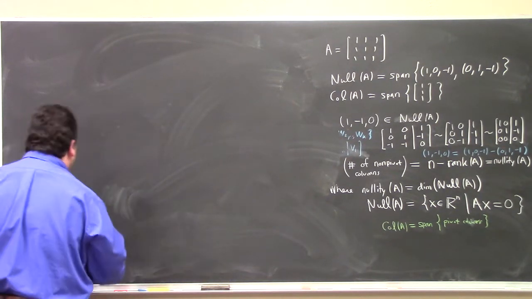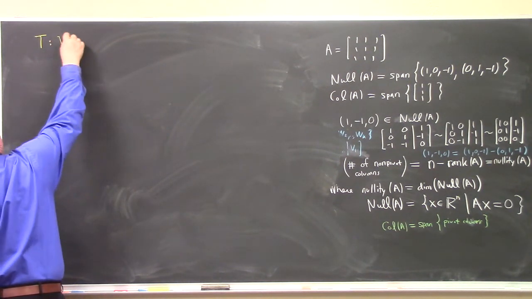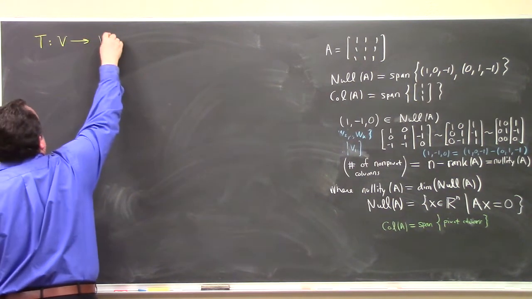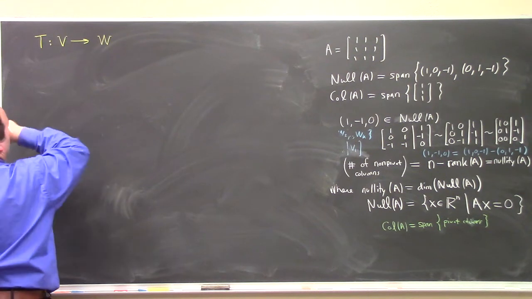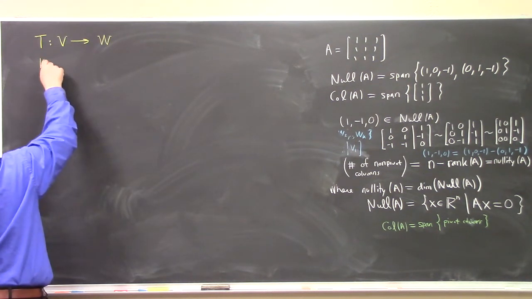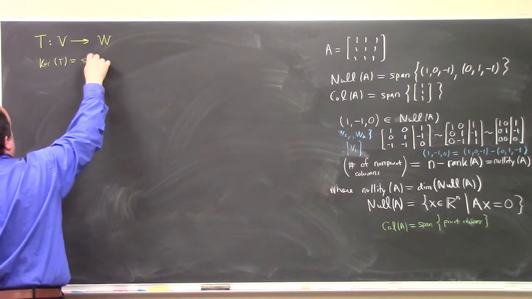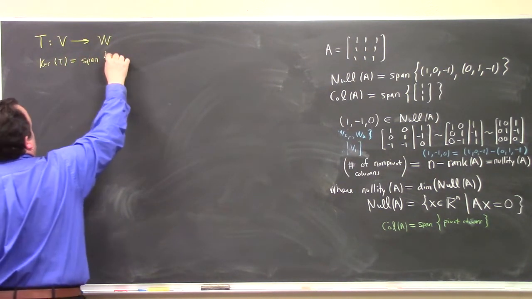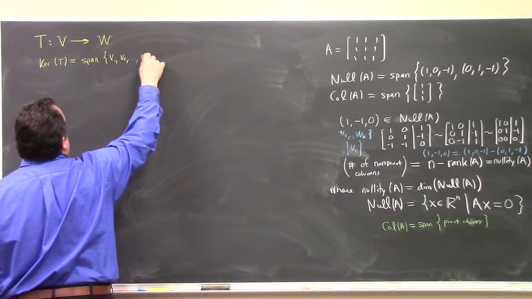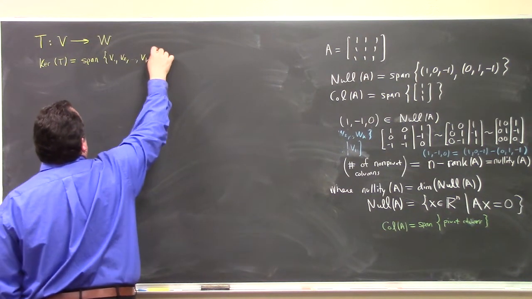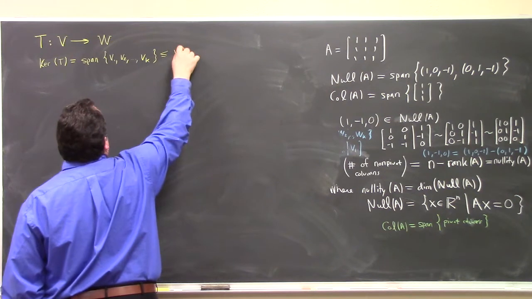So if we have T as a linear transformation from a vector space V to a vector space W, then the kernel of T will have some things in it. Generally speaking, let's suppose it's got V1, V2, ..., VK. That's going to be a subspace of V, right?